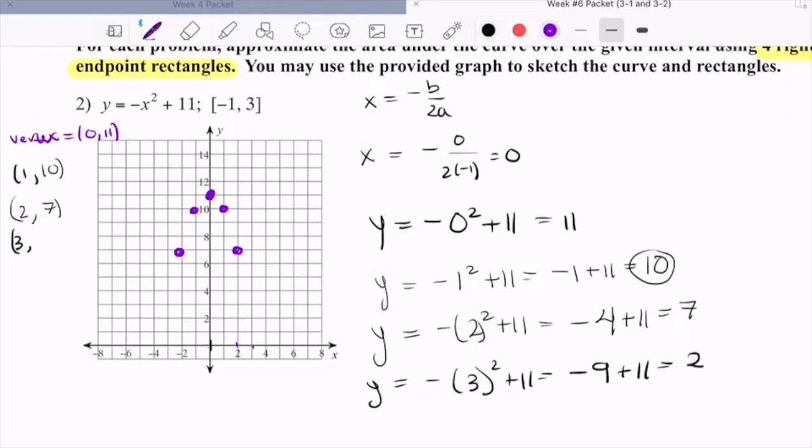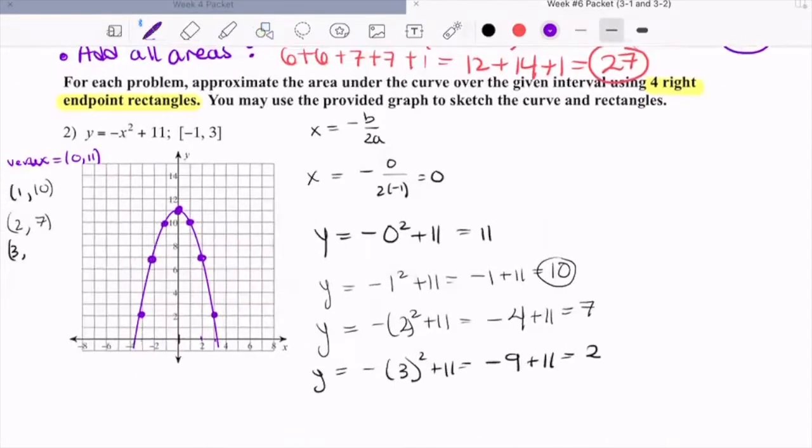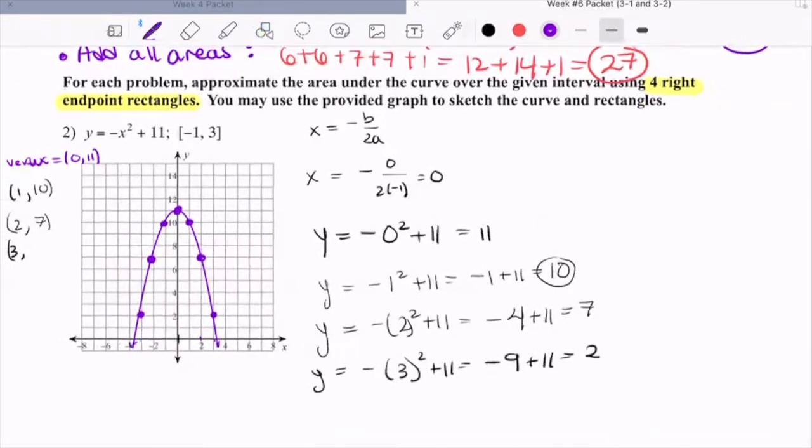So at 3, our output is 2. Furthermore, then at negative 3, our output is also 2. And then we can draw our curve here by just tracing our parabola over those points. Okay, so there's what an image of our function looks like. Our function y equals negative x squared plus 11.